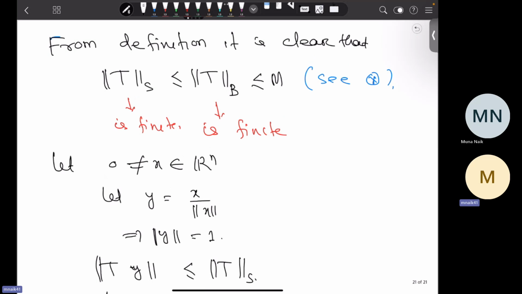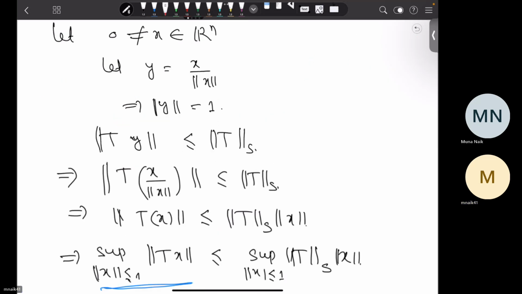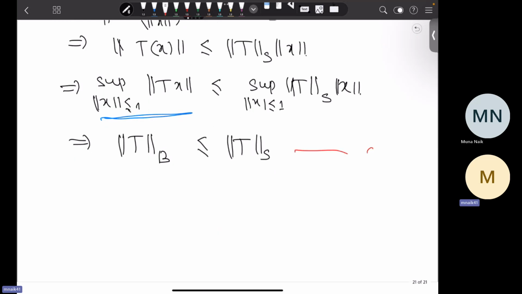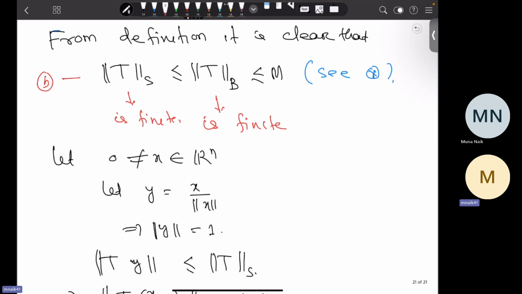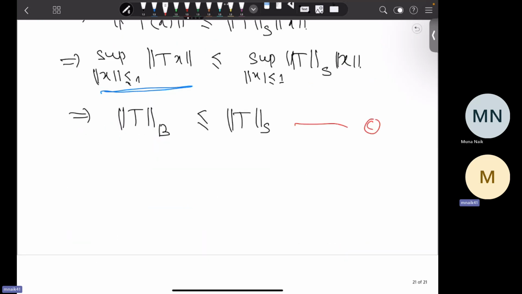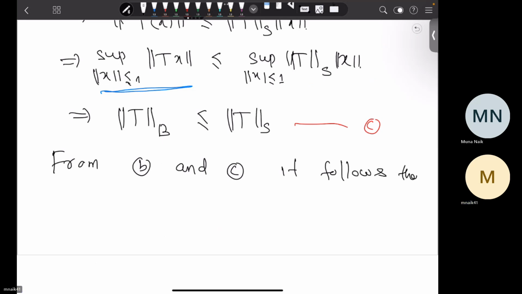So I get that the norm of Tb is less than or equal to the norm of Ts. I'm calling this B, and this C. So from B and C, it follows that the norm of Ts is equal to the norm of Tb.